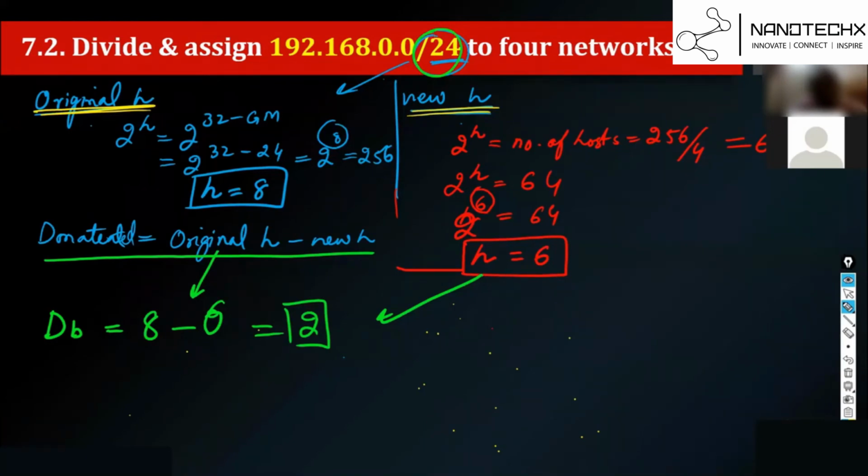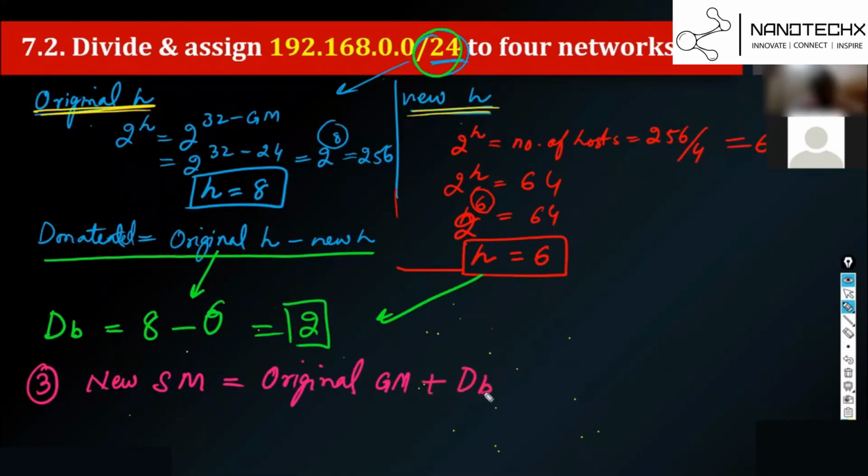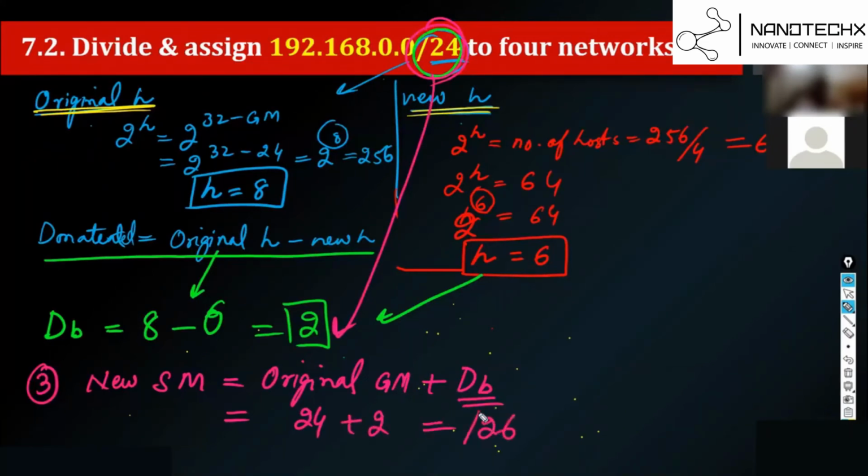So let me give it a different color. This is step number 3. The new subnet mask will be equal to the original given mask plus donated bits. The original mask was 24 from here, and the donated bits are 2. So it means the new mask is going to be /26 for all of them.